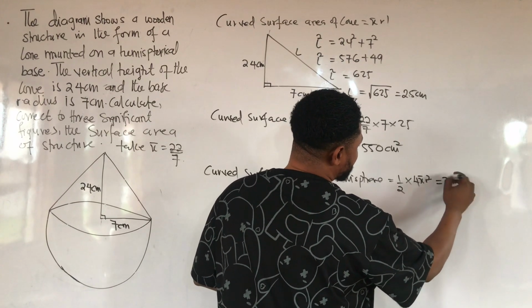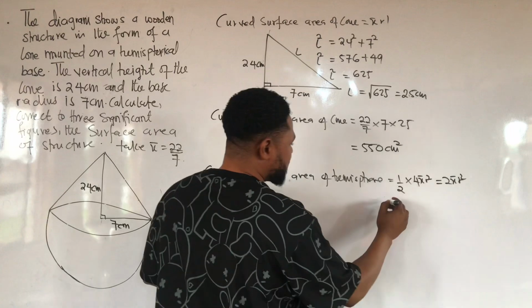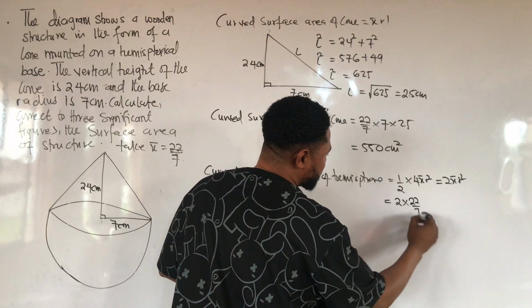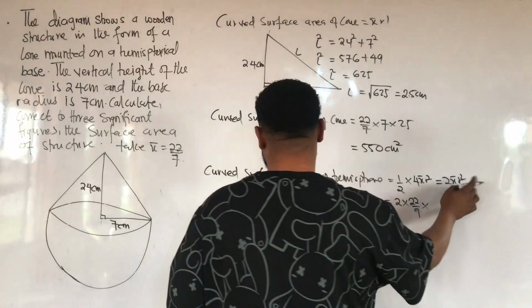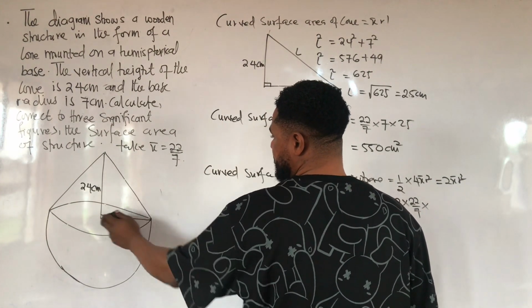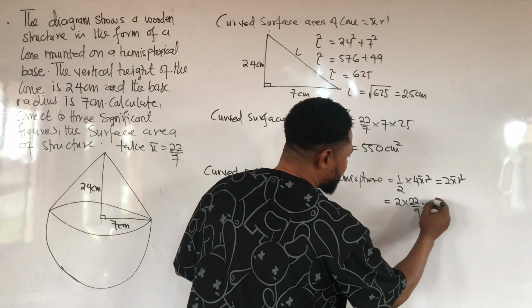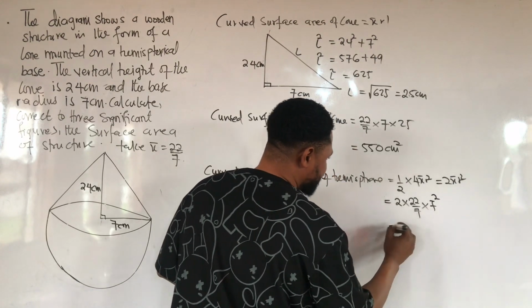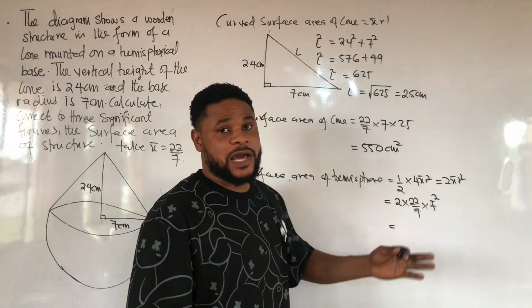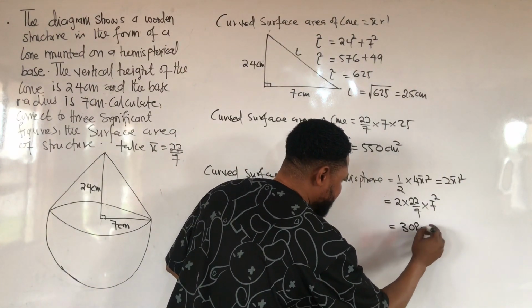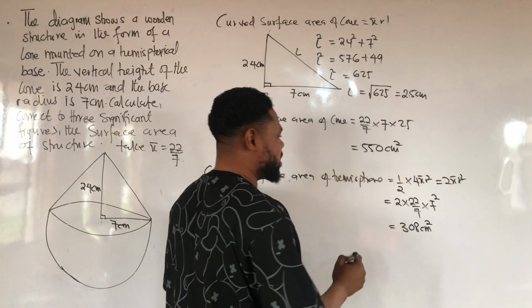And this will give us 2 pi r squared. So we have 2 here, pi is 22 over 7, and the radius of the hemisphere is the same as the radius of the cone, so we also have 7 squared here. Now we multiply this, and we'll have 308 centimeter squared.